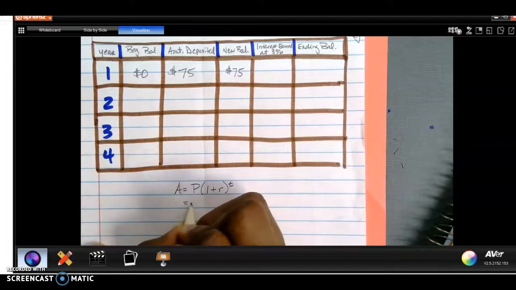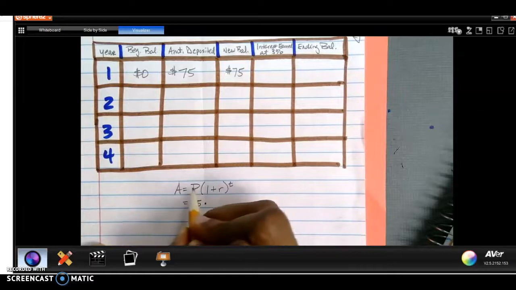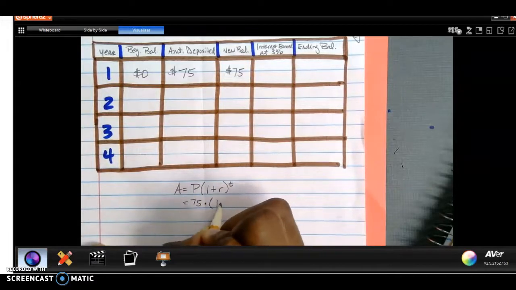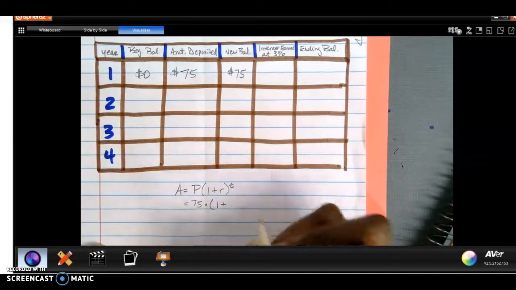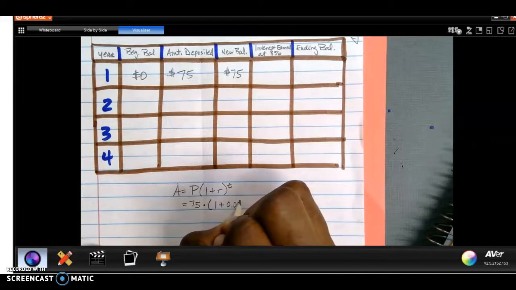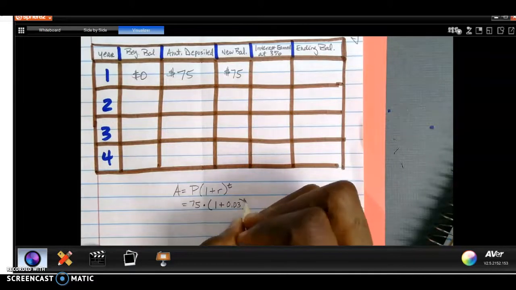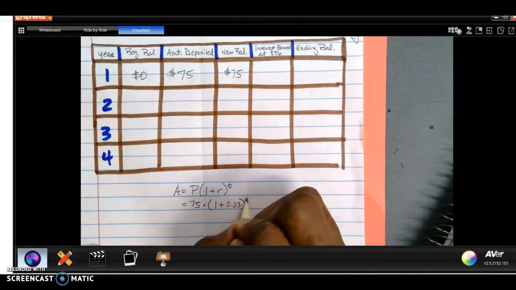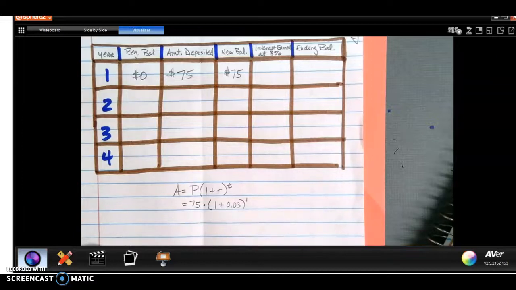So we know that our principal in this case is going to be $75. I'm going to multiply that by 1 plus our rate, which is 3%. We always put 3% as a decimal, so in this case, it's going to be 0.03. The amount of time is going to be 1, because that's 1 year. Any number to the first power is going to be that same number.